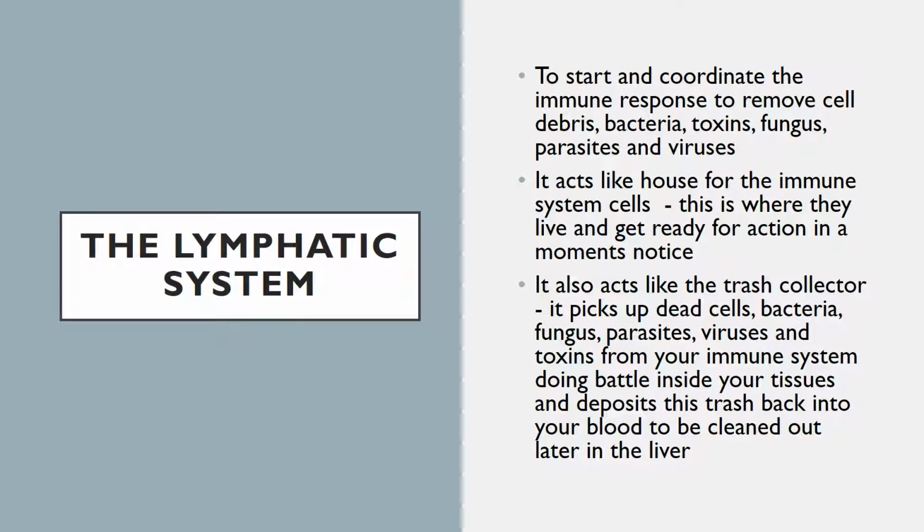This is where they live and get ready for action at a moment's notice. The other thing the lymphatic system does is it acts like the trash collector because it picks up all the dead cells, dead bacteria, fungus, parasites, toxins from your immune system doing battle inside the tissues and deposits this trash back into the blood so it can be later cleaned out by your liver.